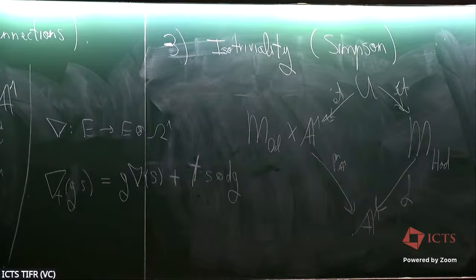So the next ingredient is the following lemma. Lemma 5. So suppose that we have a map from Y into A1.